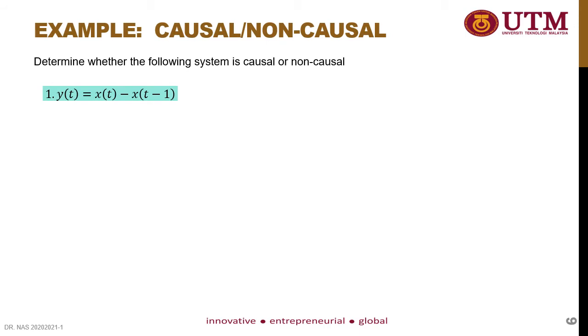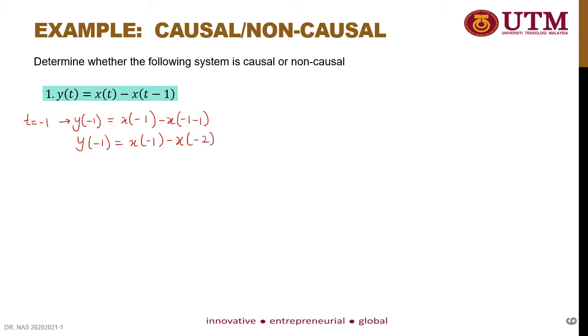So let's try when t equal to minus 1. This is in the past. So what happened to your y? y(-1) equal to x(-1) minus x(-1 minus 1). So in this case, you get y(-1) equal to x(-1) minus x(-2).